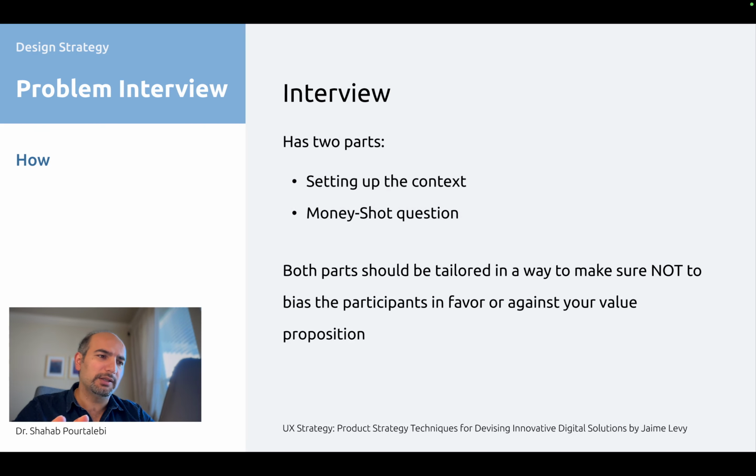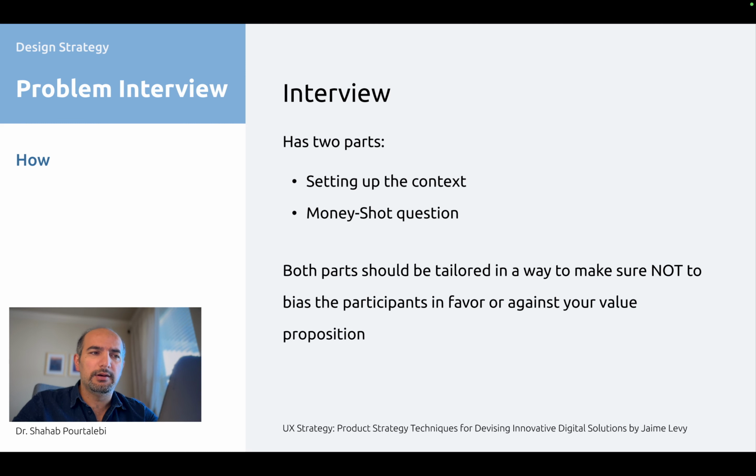So the interview part, as I mentioned before, has two sections: setting up the context section and the money shot question. The money shot question is about your value proposition. You want to validate your solution to the problem. Setting up the context is basically helping them, reminding them about their experience, talking about their challenges, the problem that they were facing at that time, and all those things.